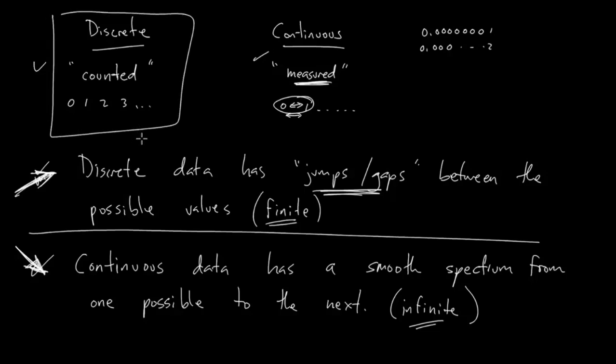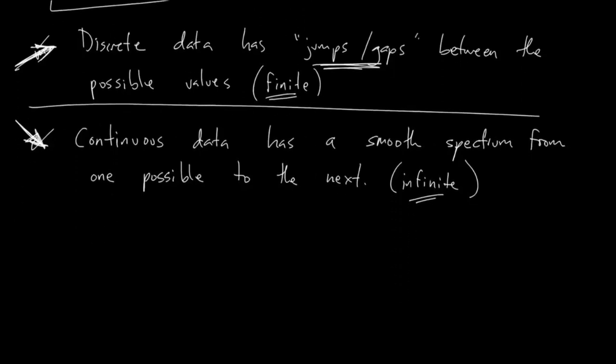Let me give you an example where discrete can have decimals, but it'll still make sense that it should be discrete data. Let's say, for example, that there's a store that sells only 2 items. They sell pop, and pop costs $2, and they sell gum, and gum costs $1.50.